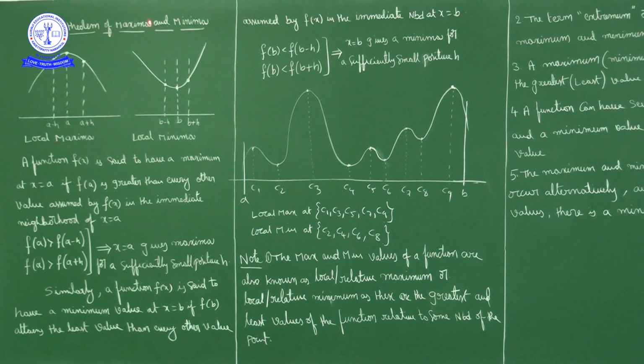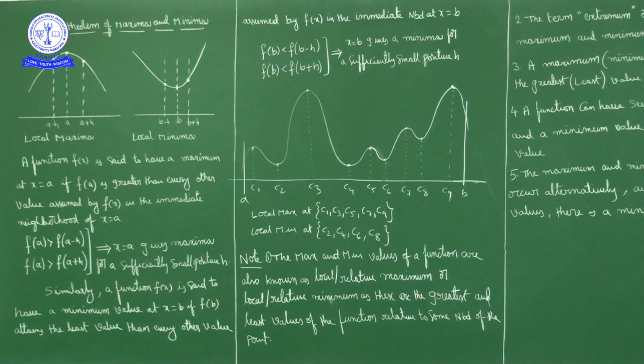Now similarly, suppose this is the graph of y is equal to f of x. We have a point b here, with b minus h and b plus h. If you observe, f of b is less than f of b minus h, as well as f of b is less than f of b plus h.